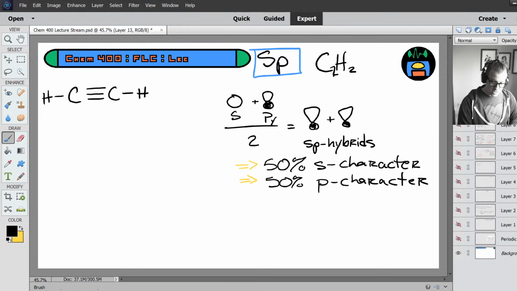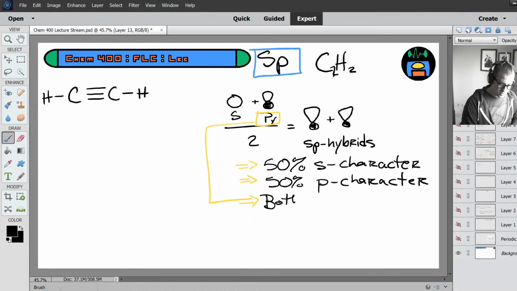And in addition, all of the directionality that these hybrid orbitals inherit comes from py, which means that they are both oriented on the y-axis.